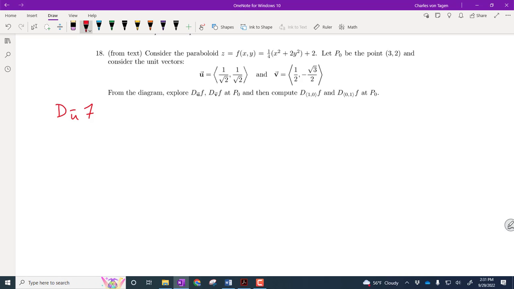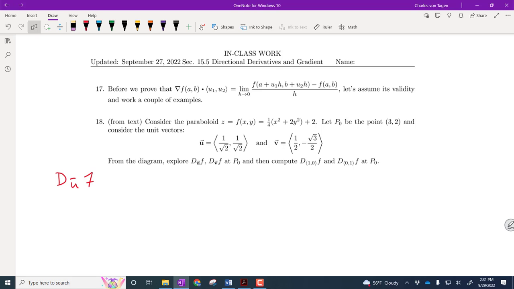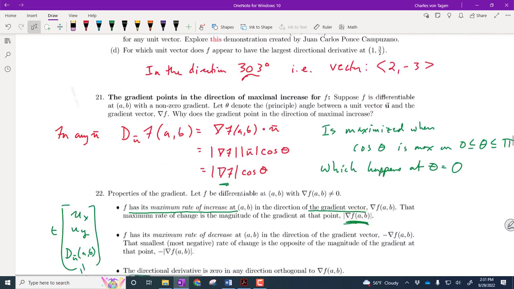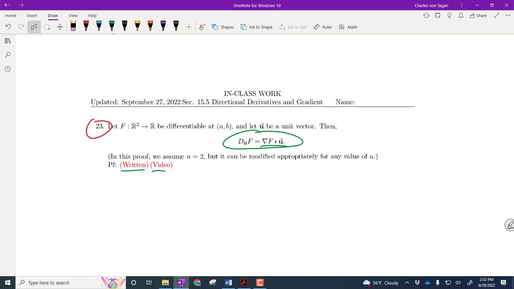That's right. If you want to compute a directional derivative, you could go through this long, nasty limit definition. I think that in your, let's see, did I do it or did I have you watch it? I don't remember which. I think I had you watch it. Yes, we did this. You guys watched this in 23. We showed that rather than doing the nasty limit for the directional derivative, we can simply take the gradient and dot it with our direction vector.